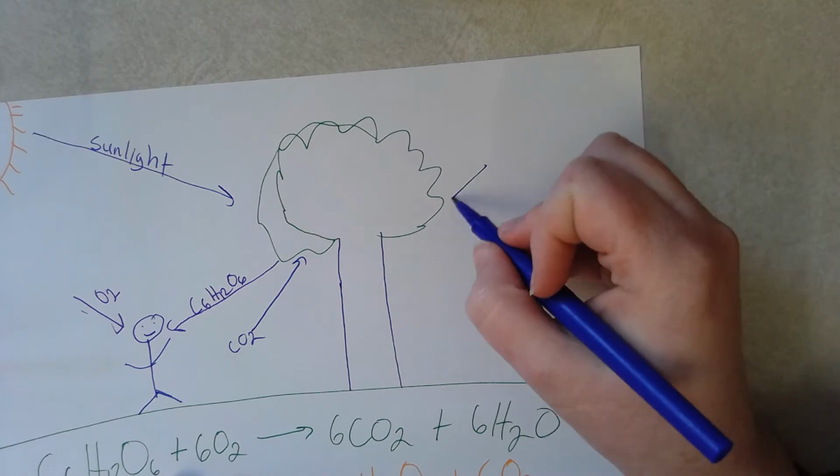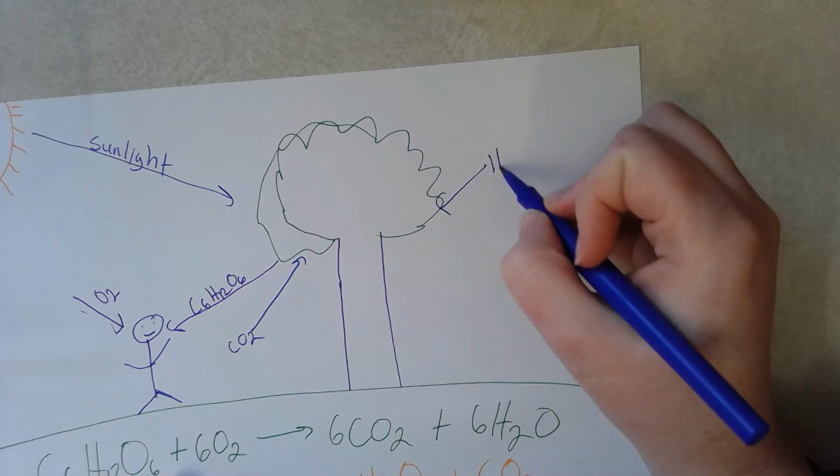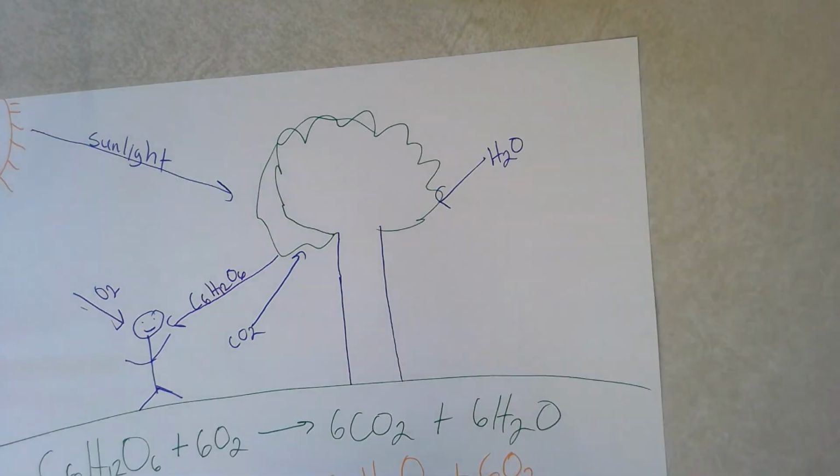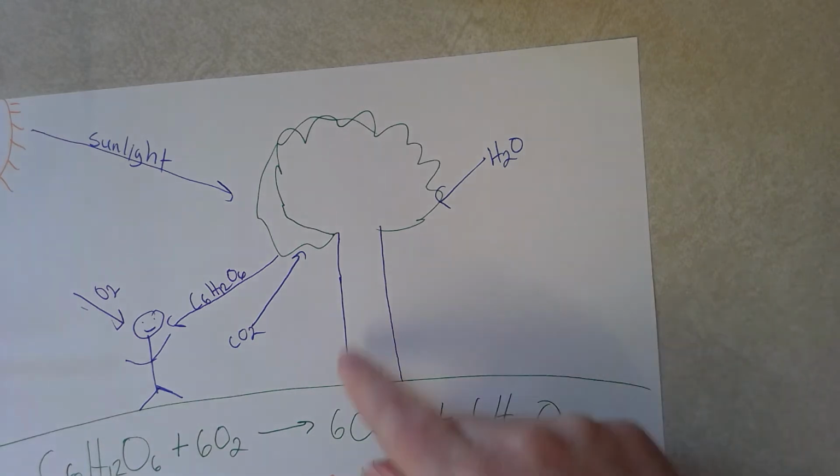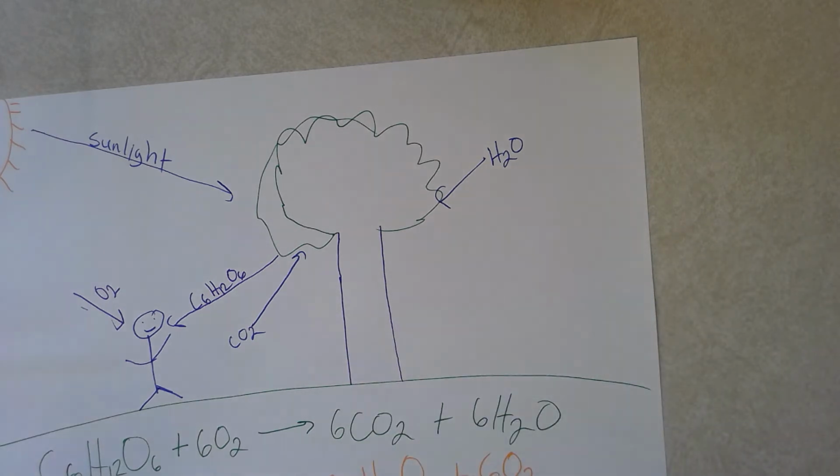So H2O. The tree needs water in order to grow. Typically, it also needs nutrients from the soil as well, but we'll talk about that a little later.